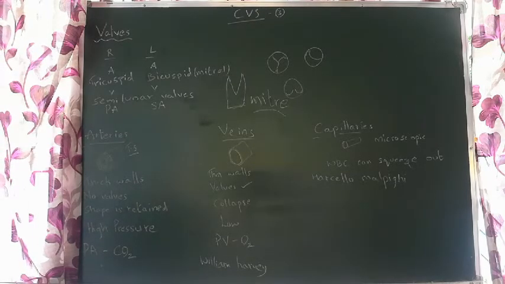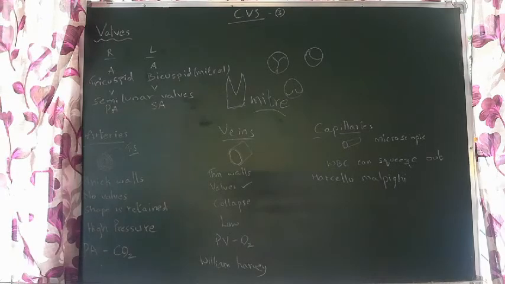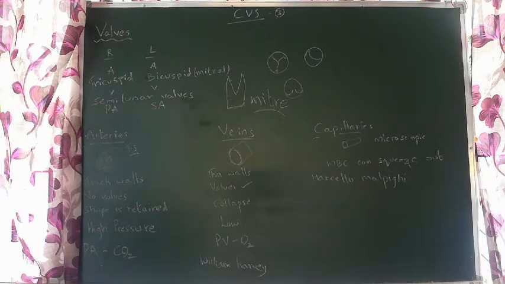Now all the arteries in our body carry oxygenated blood only, except the pulmonary artery, the artery which connects the heart with the lungs. It will carry deoxygenated blood, the blood which contains CO2, carbon dioxide. The rest of the arteries carry oxygenated blood.